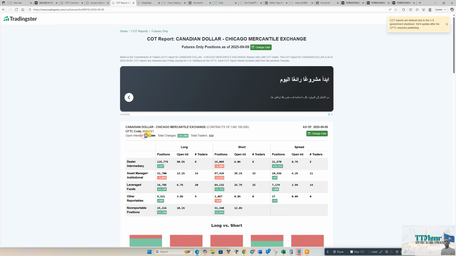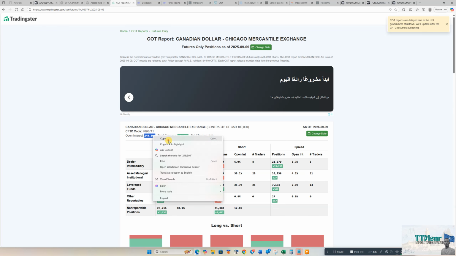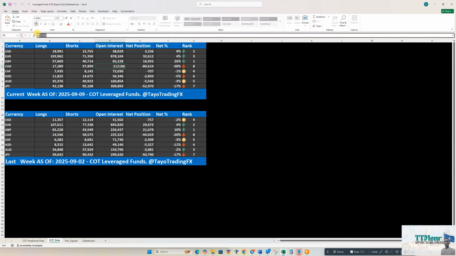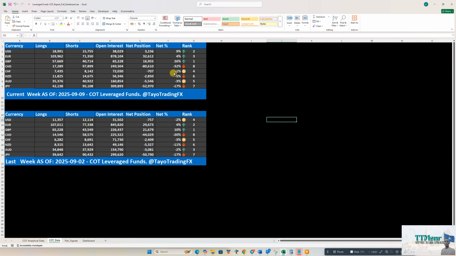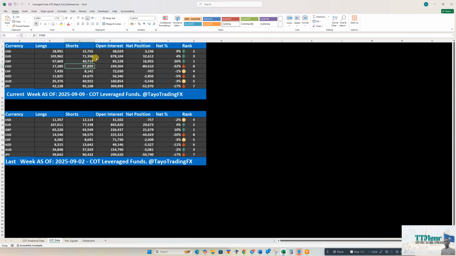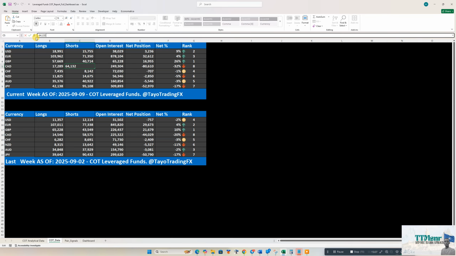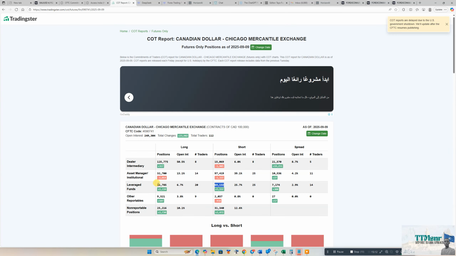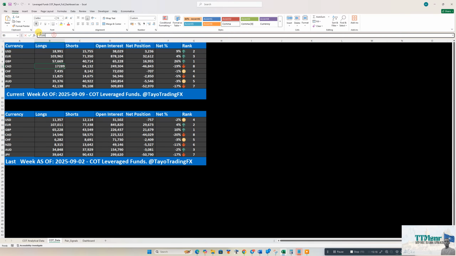We take the open interest number, and then place it, and then since this is the short data, short positions. Long positions too. So it's done. After we delete this, we've done.